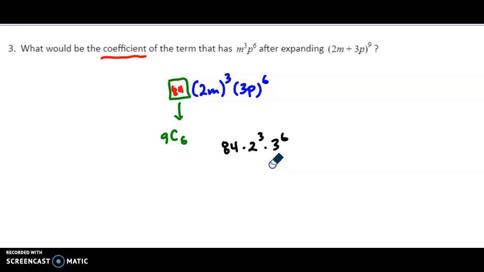So you work that out here, you need a calculator, and you're going to get all of this. Some calculator work here. Your actual coefficient is 489,888.